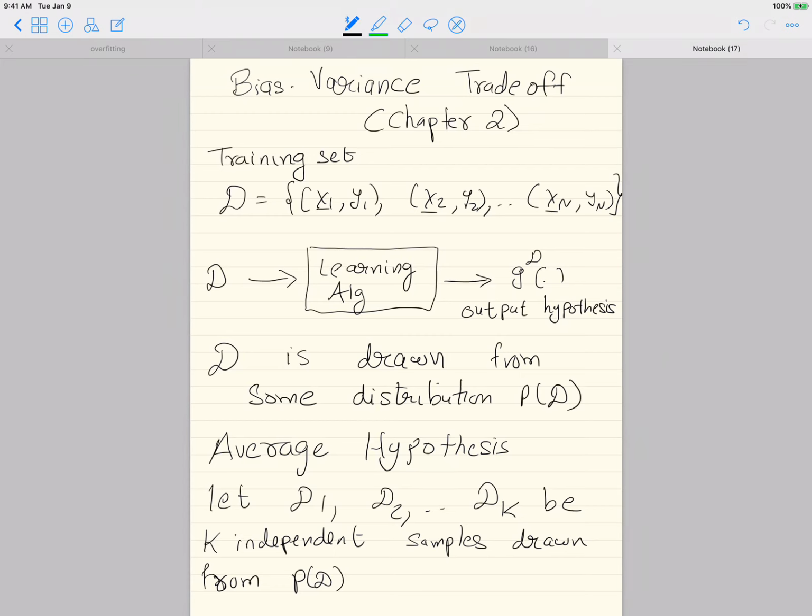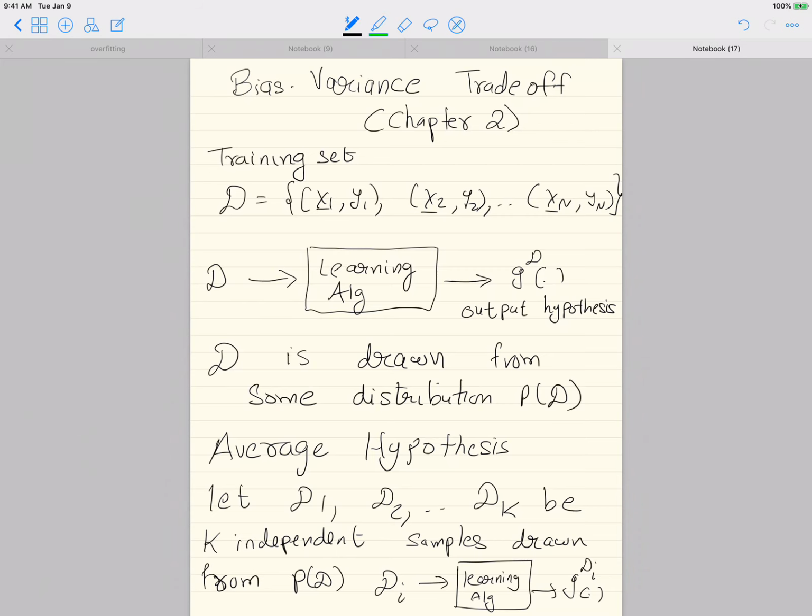This could be the data you collect in the second week and so on, independently of the first week. You take each Di, you pass it through your learning algorithm, and you get as output G^Di. So you're not here combining the data from the first week, second week, third week, and so on. You're just independently training each model. So the output each week will be slightly different because the data set is different, right?